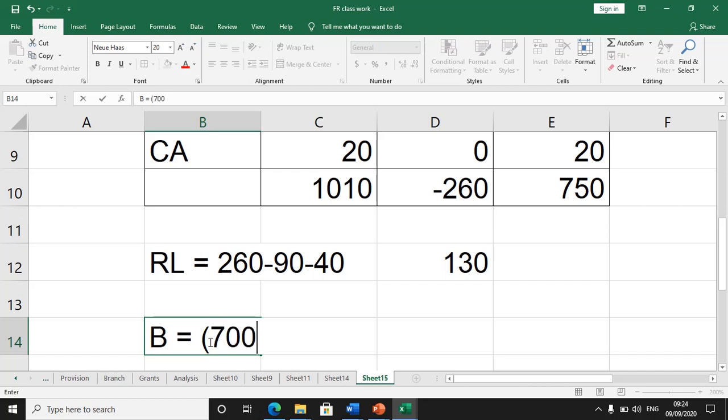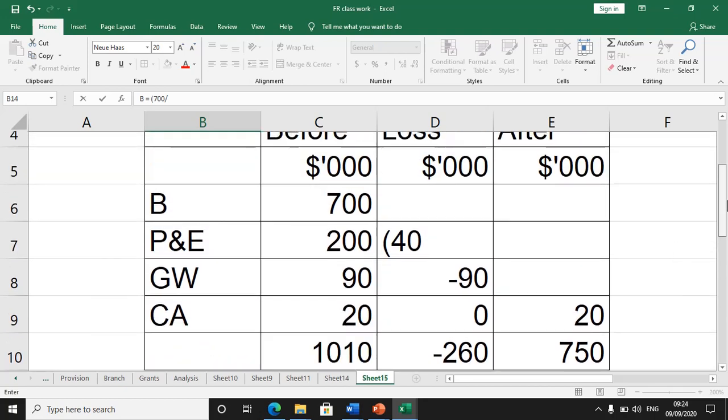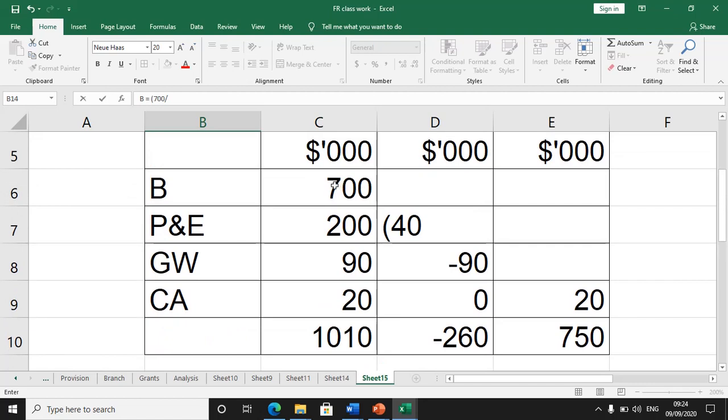remember building is 700 divided by, so what are we remaining with? Please let's just take note here of the sum of values that we are still remaining with. We have got this figure here for buildings, and here we have got a 200 from which we have already removed a 40, so we are remaining with 160 there.